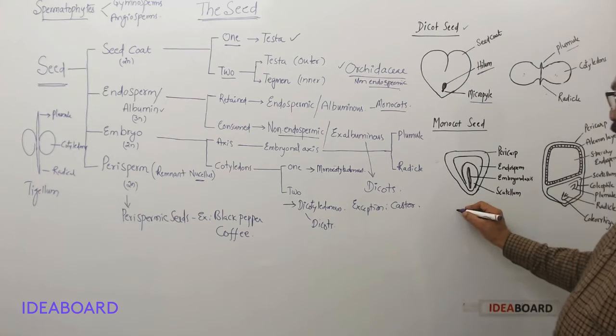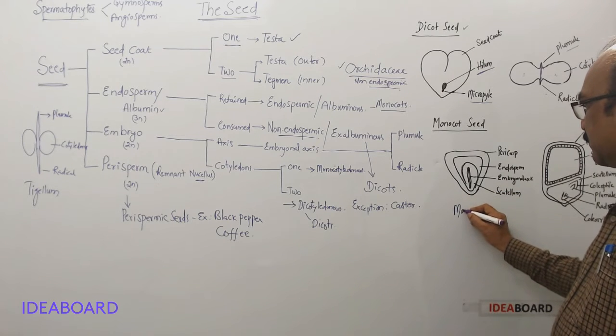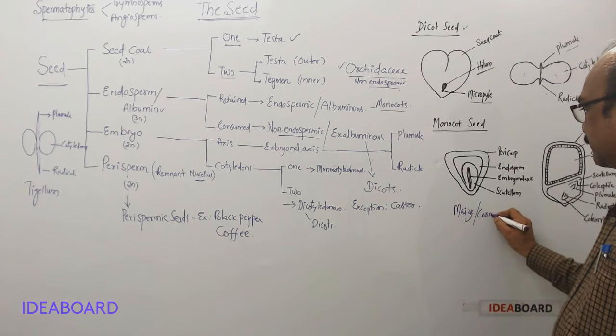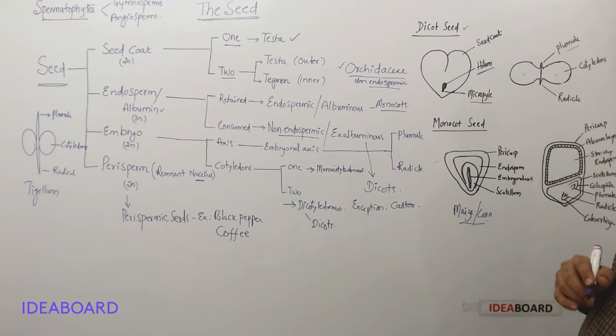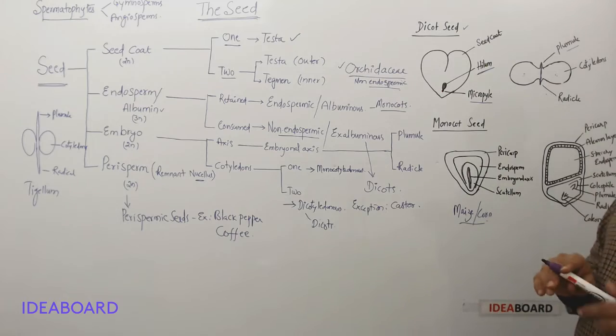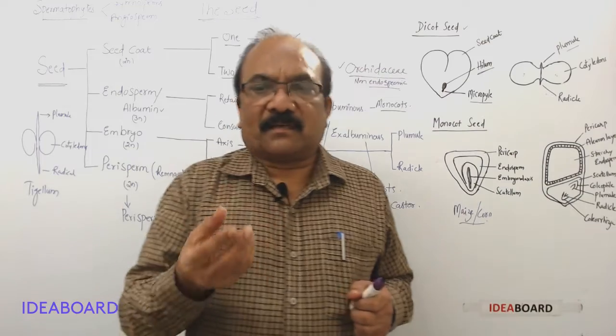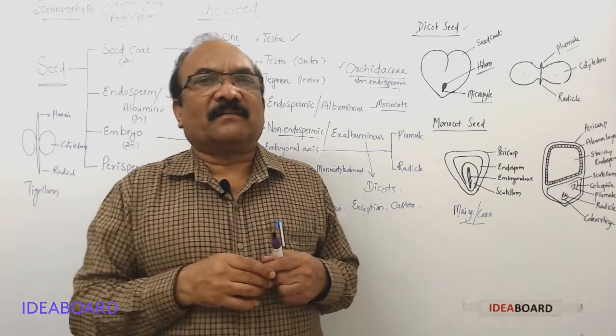And the example which I have taken here is maize or corn. Actually we are familiar with this corn, and generally we mistake the corn as a seed.